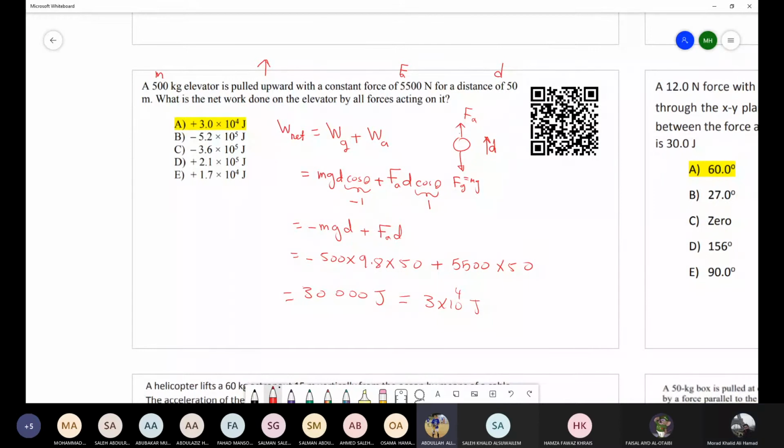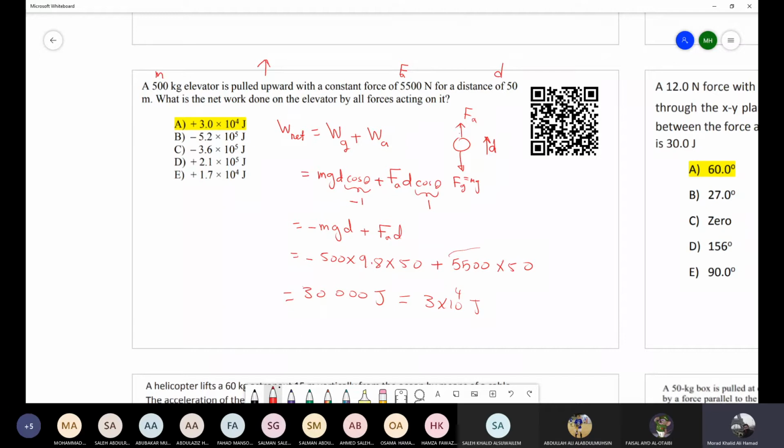But doctor, there is one minus. Why is it positive now? Okay, try to calculate it. If you have a calculator, do it. 5500 times 50 is greater than this number.